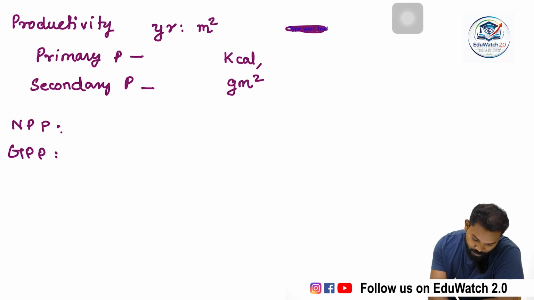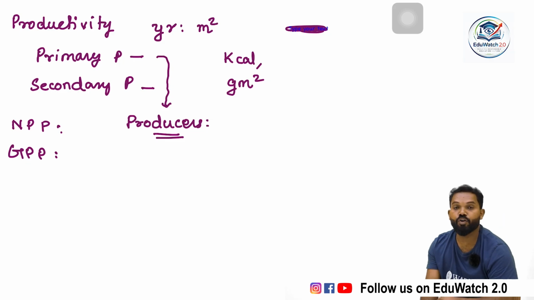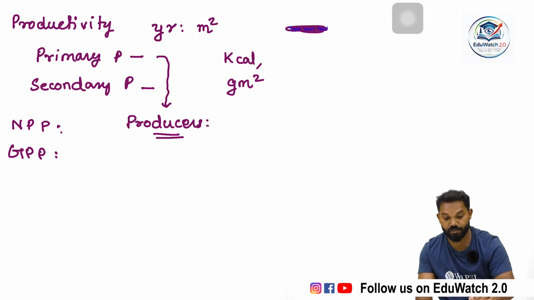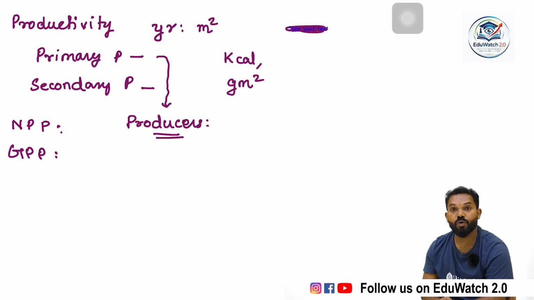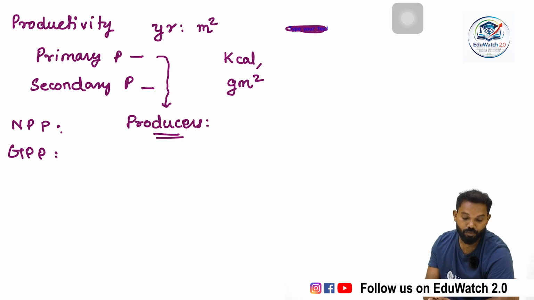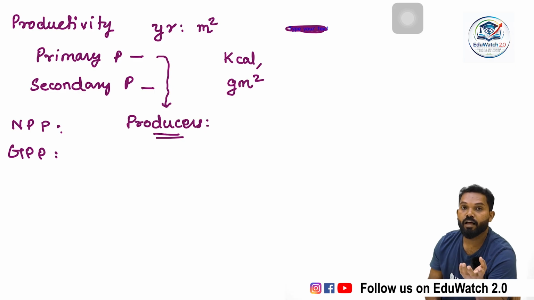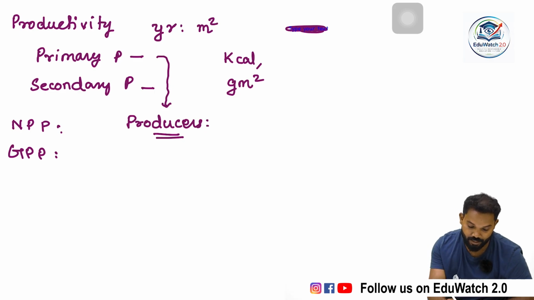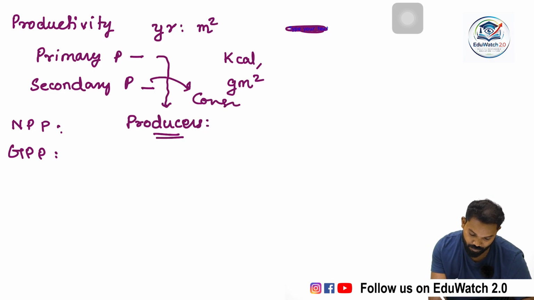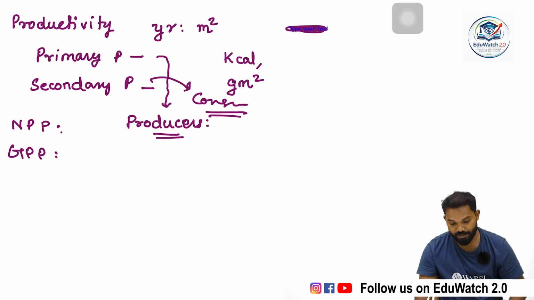Primary productivity means production based on the producers. That means how much energy or biomass the plant produces. Productivity based on the producer level is known as primary productivity. Productivity based on the consumer level is known as secondary productivity.